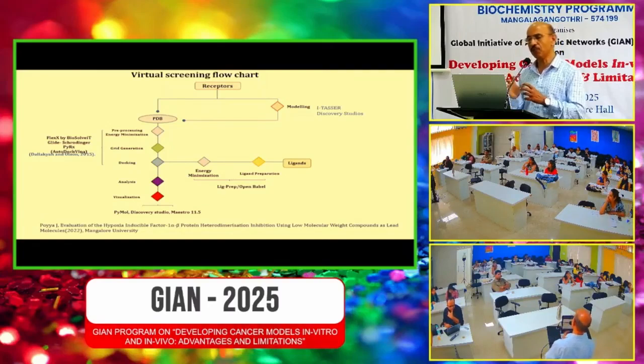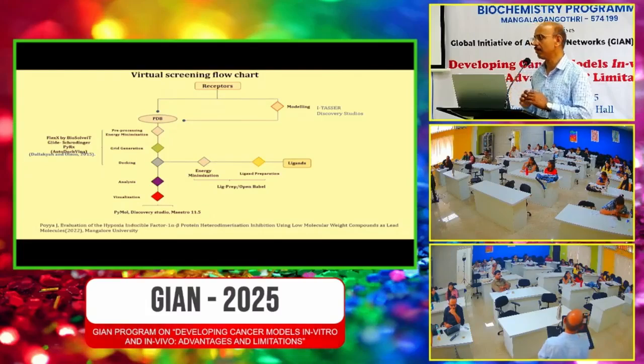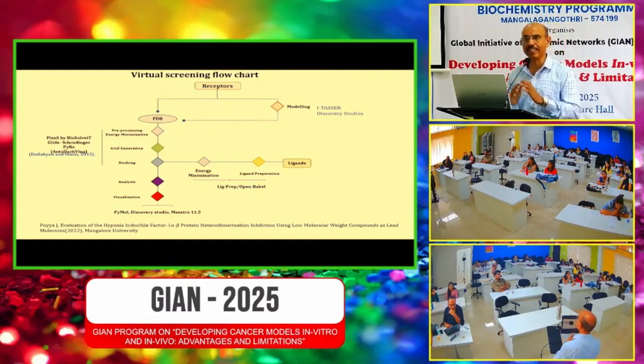So we wanted to study whether there is any molecule which can prevent this protein-protein interaction, so that we can prevent the stabilization of the hypoxia factor, and in turn treat the cancer. That was our hypothesis.